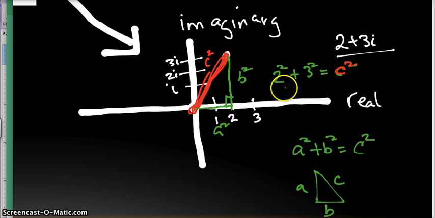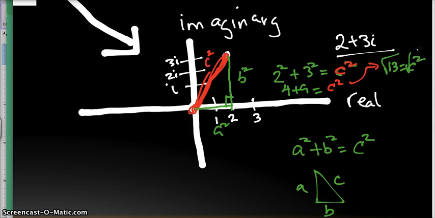2 squared is 4, so we get 4 plus 9, right? 4 plus 9 is equal to our c squared. Still trying to find that red length. And then 4 plus 9 is going to give me 13. So I have 13 is equal to c squared. How do I undo something that's being squared?